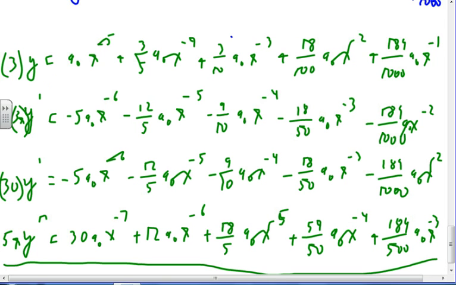Okay, so we're looking at the x to the minus 5 term. And I see I've got minus 15 and I've got plus 3. The x to the minus 5 term does not go away, which means our answer is wrong. Bummer.